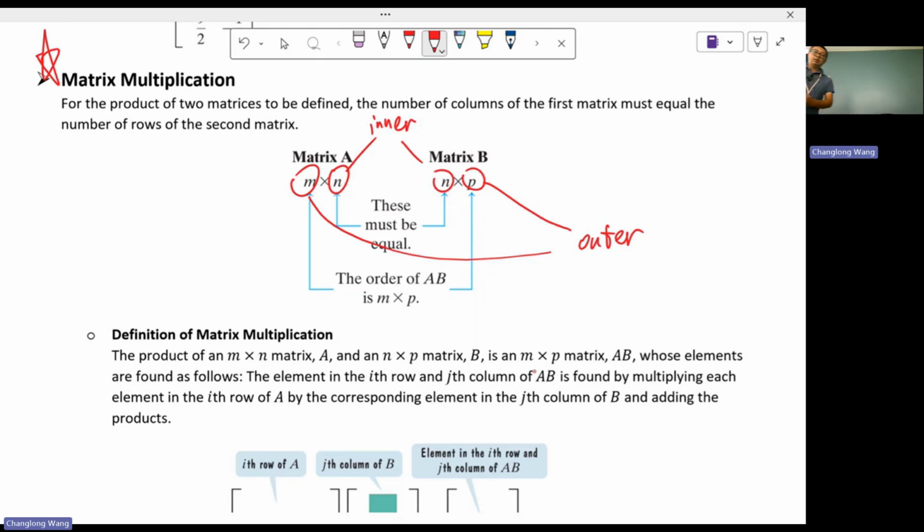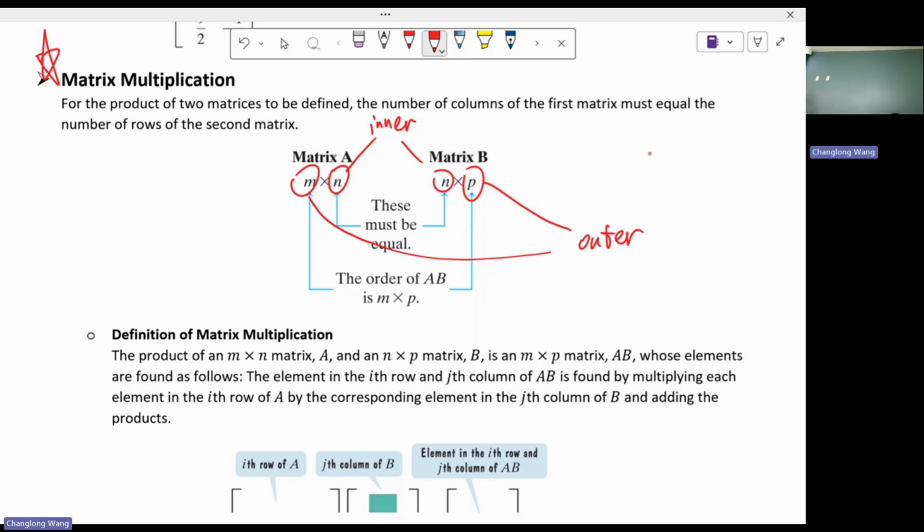But what would you get once you multiply a matrix of m by n and another matrix n by p? This is why we need to identify the order of the two matrices when it comes to multiplication. Which one goes first?